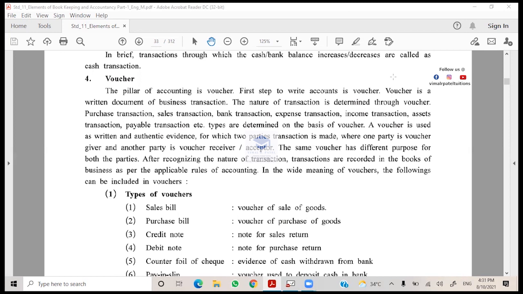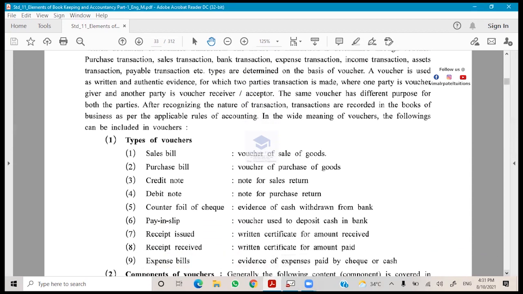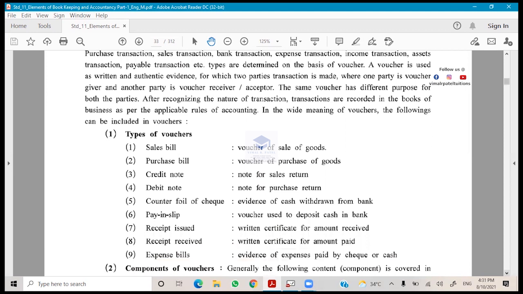There are different types of voucher, like sales bill, which will indicate sale of goods, then purchase bill for purchase of goods, then credit note for sales return, debit note for purchase return, counterfoil of check, that is evidence for cash withdrawn from the bank, paying slip whenever we are depositing cash into bank, receipt issued.